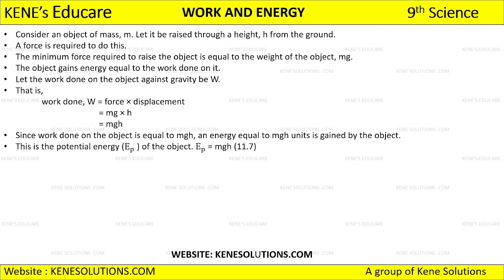Okay, so let the work done on the object against gravity be W, capital W for work done. So work done is equal to force into displacement. We know force is equal to mg. See, there are different formulas for force, ma then mg, right? It depends accordingly on what you are applying, because here we are discussing with respect to gravitation. Over here we have acceleration due to gravity, a and g, they both are equal.